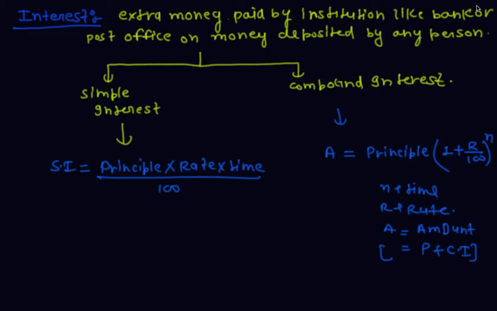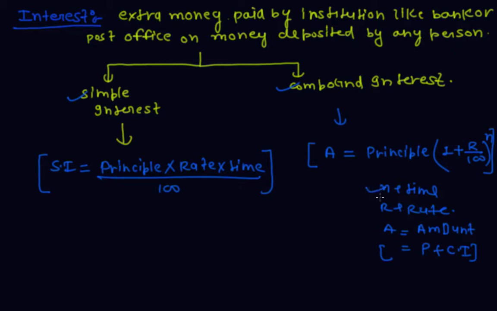So these are the two types of interest. One is simple interest and the other is compound interest. The formula of simple interest is principal into rate into time upon 100, and the formula of compound interest is amount equal to principal in bracket 1 plus r upon 100 to the power n.